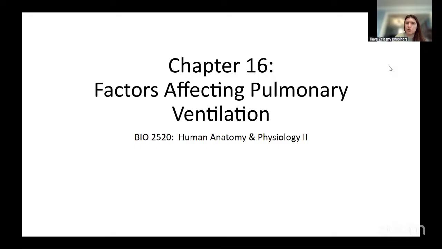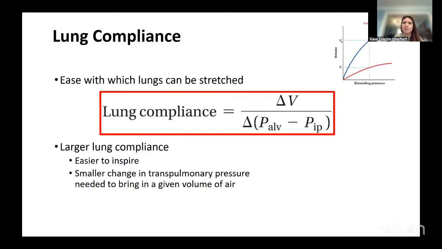Okay. So I asked you guys to take a look at the concept of compliance again before we talk today. So I want to put that in the context of your lungs, right? When we've talked about compliance before, we talked about it, maybe a little bit of a mention with the heart, but we definitely talked about it with our veins and arteries. So we know that compliance is this measure of a relationship between volume and pressure, right?